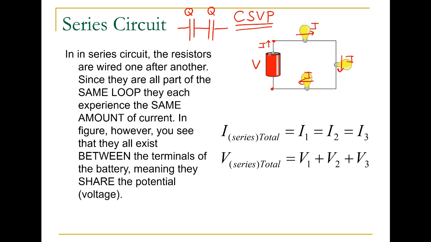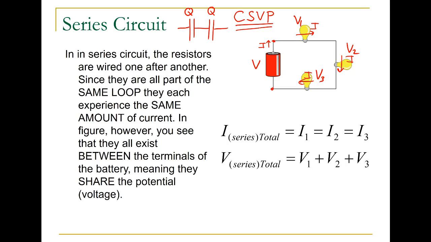So the voltage difference of the battery will be equal to V1 plus V2 plus V3. One analogy to think about this is that it's kind of like a bus route. The bus picks up V number of people at the station, and there are different stops. By the time the bus gets back to the station, hopefully everyone's gotten dropped off.